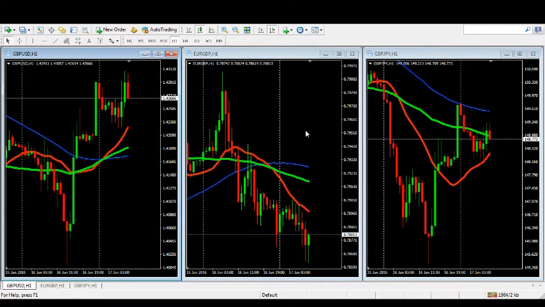So it is possible, for example, that Great Britain pound USD could drop to level 110, maybe 120, and maybe Euro Great Britain pound will be equal to 0.1, and Great Britain pound JPY could drop to about 110, 115, and so on.